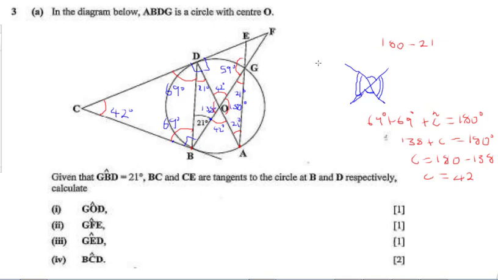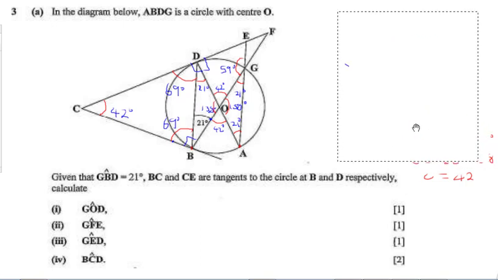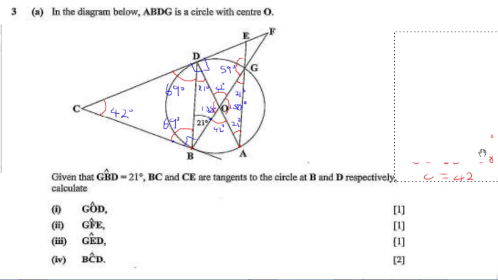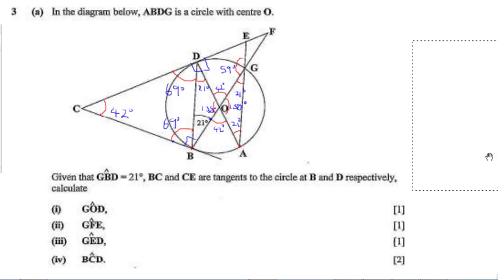Let me just make some room here. So I'm saying at A, we've got 21 degrees. At D, we've got 90 degrees.